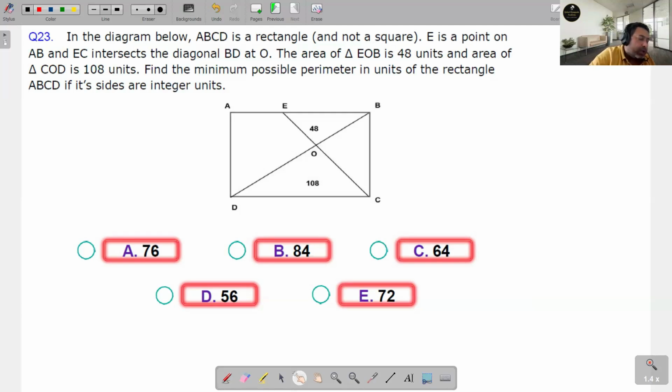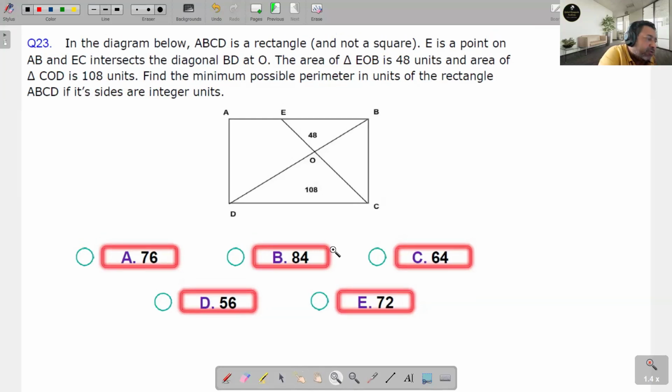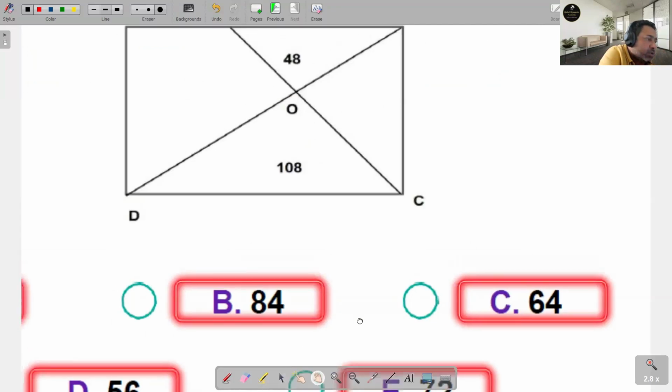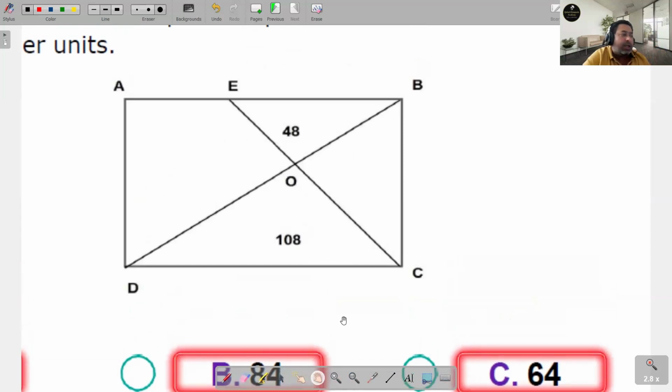All right. Okay. So let's make the figure a little bigger here. All right. So this is a rectangle and the areas are given as 48 and 108. So let's first of all understand in a rectangle, because the lines are parallel, this angle here is going to be equal to this angle.